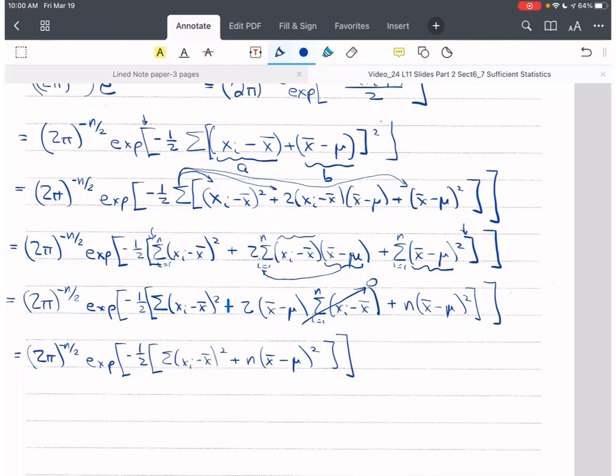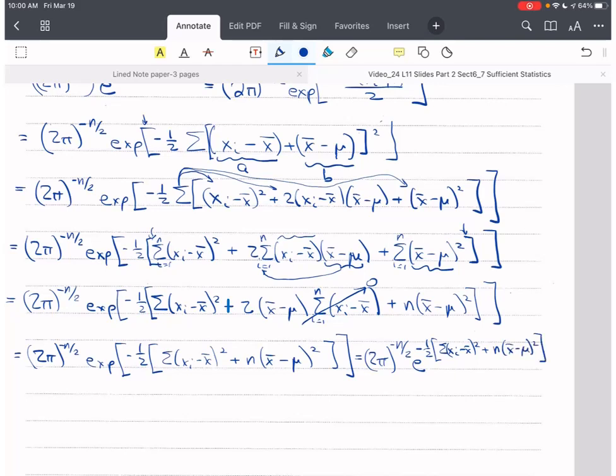Now, remember that this is (2 pi) to the negative n over 2 e to the negative 1/2 times the sum of x sub i minus x bar quantity squared plus n times x bar minus mu quantity squared.